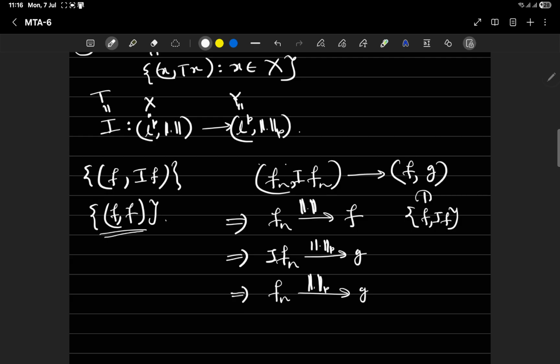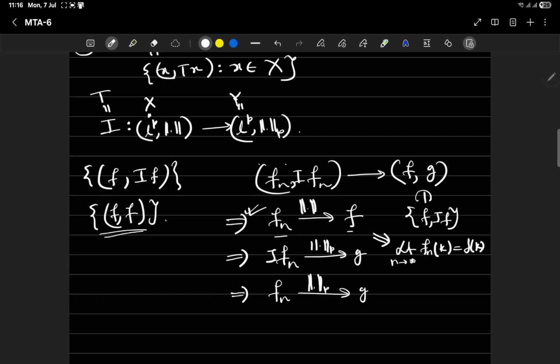Now look, what was given in the question? If a sequence fn converges to f in the new norm, which we have assumed, then fn converges to f pointwise. So this means the limit as n tends to infinity of fn(k) is equal to f(k).